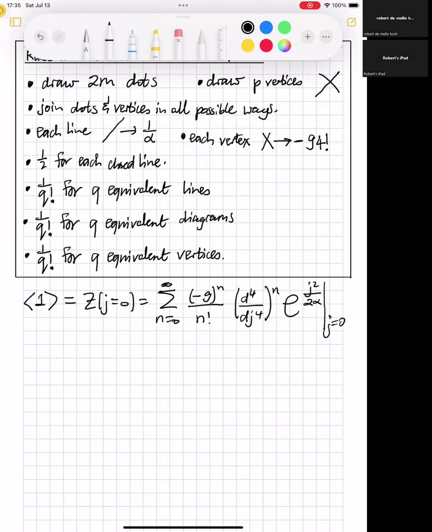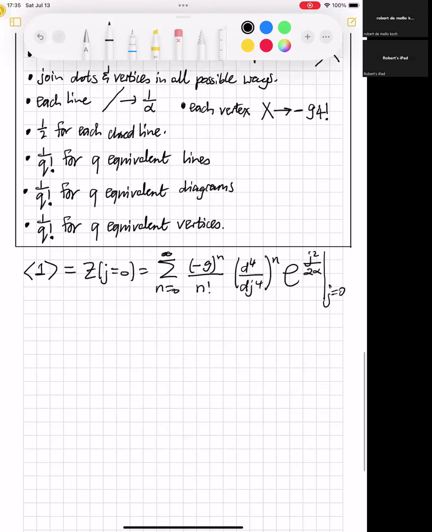By now, I am assuming that you have memorized the formula for how to take these derivatives of the exponential. So I'm just going to write down the answer. It's 1 minus g times 3 semifactorial over alpha squared plus g squared over 2 factorial times 7 semifactorial over alpha to the 4.